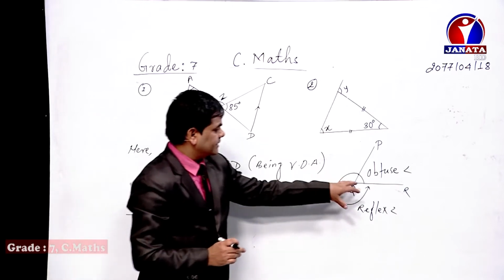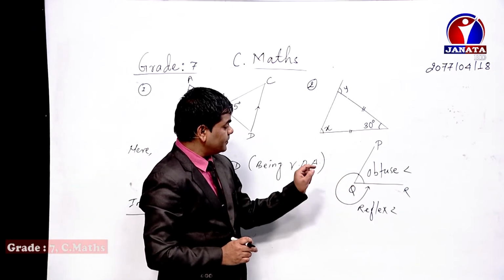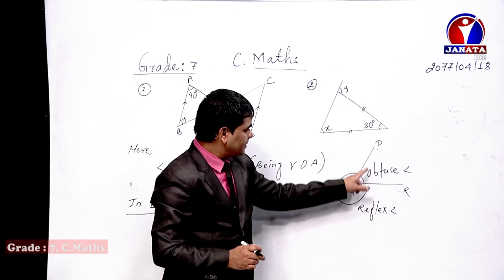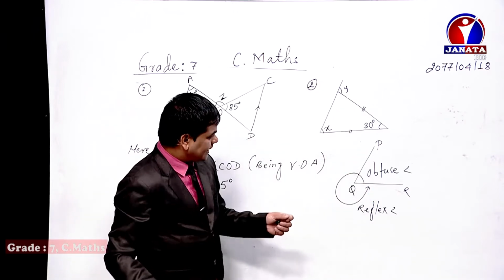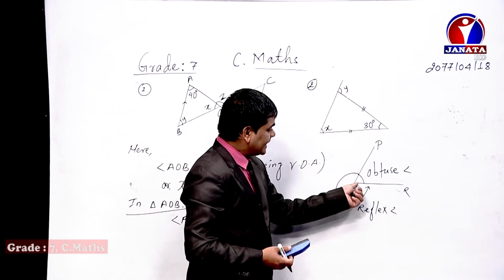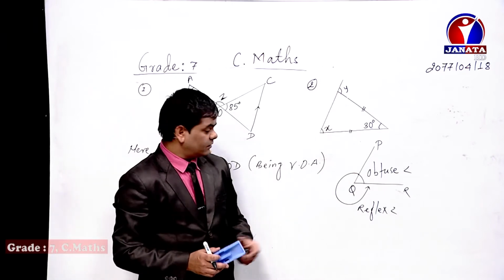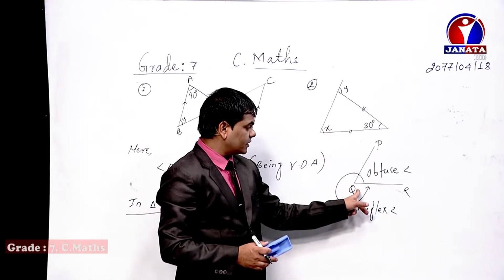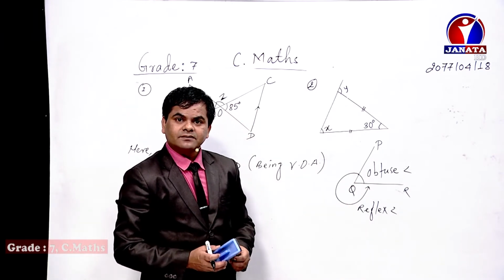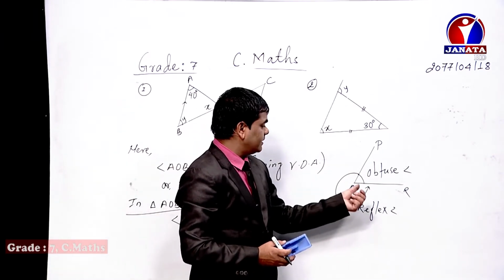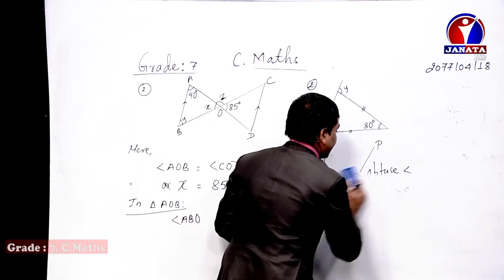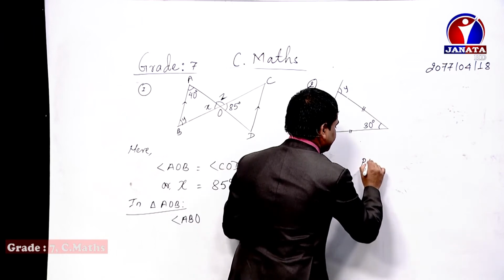So, dear student, if you want to denote the obtuse angle in 3-letter form, you write it by keeping the letter Q in the middle. That is the representation of angle PQR. So we need to write that angle as PQR.